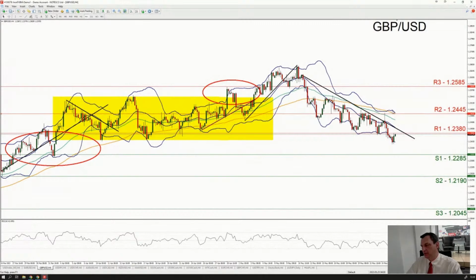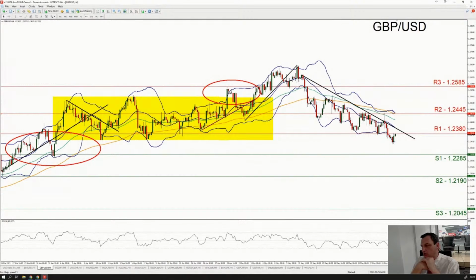Now, should there be more or less a stabilization of cable, I wouldn't be surprised to see it remaining near or rotating around the R1 1.2380, possibly breaking the downward trend line we have mentioned, in a clear sign that the downward motion was interrupted.